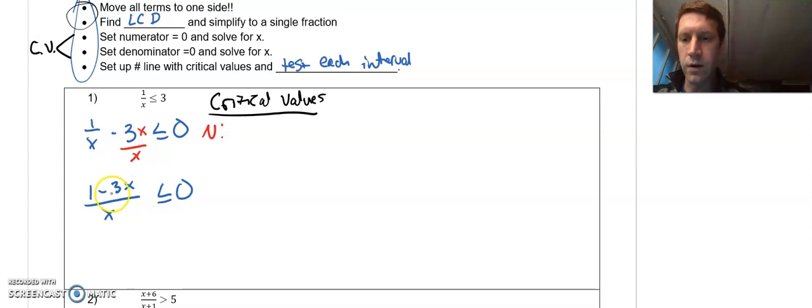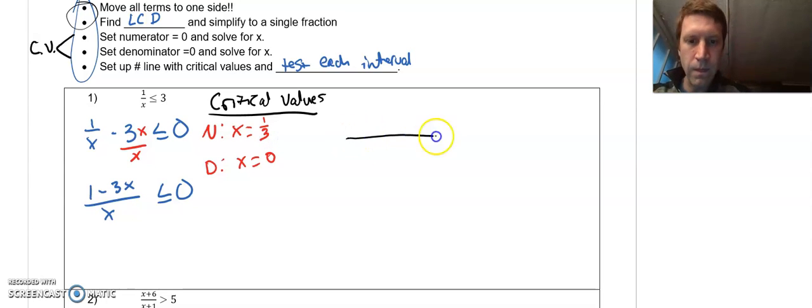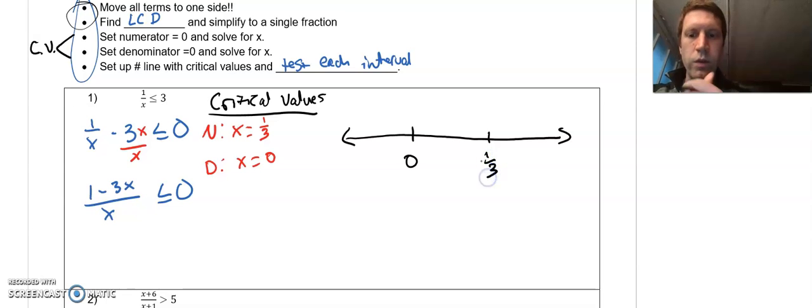From the numerator, if I set 1 minus 3x equal to 0, I get x equals 1/3. And from the denominator, it's simply x equals 0. Now we want to set up a number line and list these 2 critical values, 0 and 1/3.